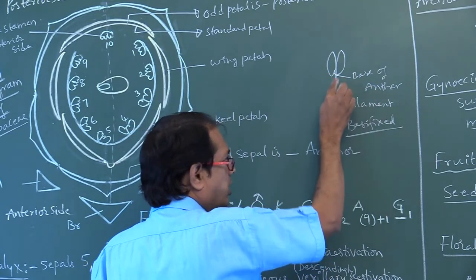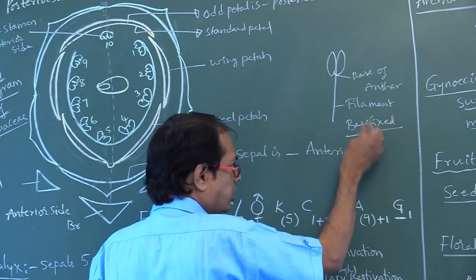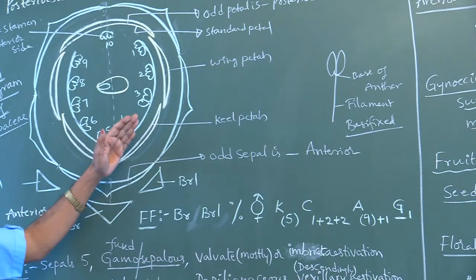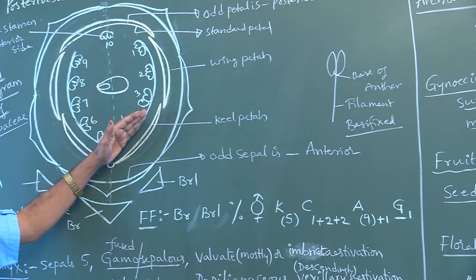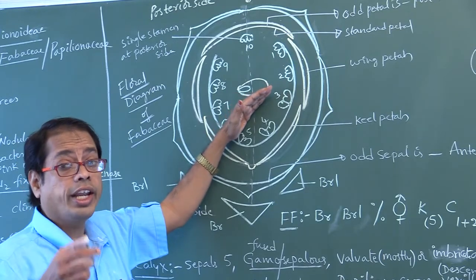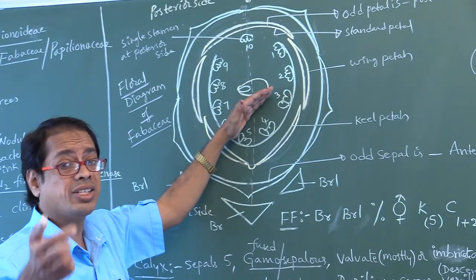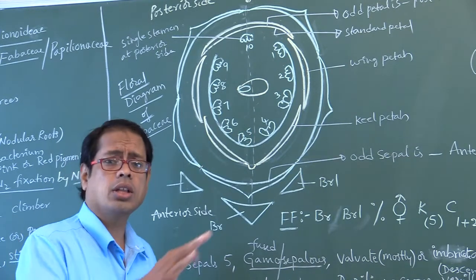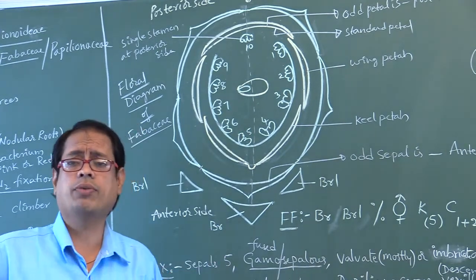Base of the filament is attached to base of the anther. And introrse, pollen grains dehisce towards gynoecium, towards inner side. This is so-called introrse. Introrse means inner side. And dehiscence is longitudinal. These are all the common points for the remaining 2 families also.